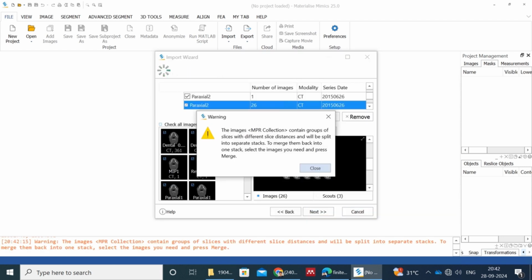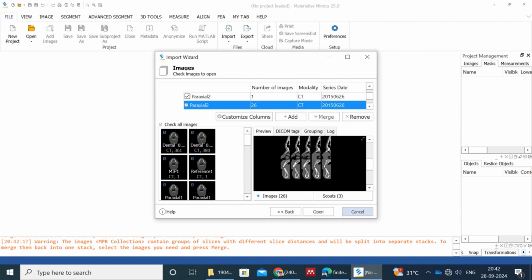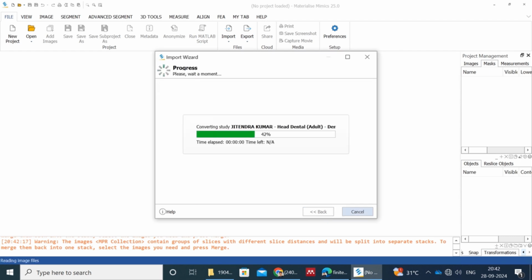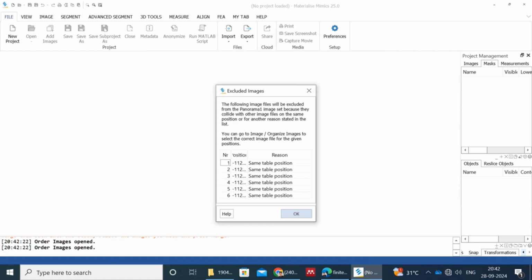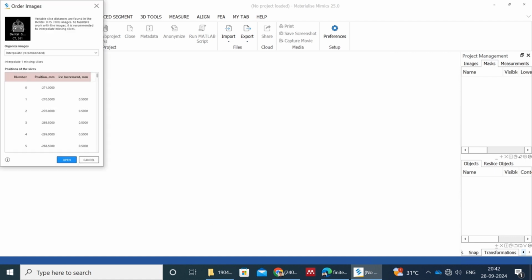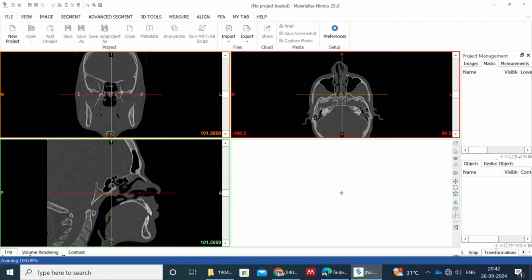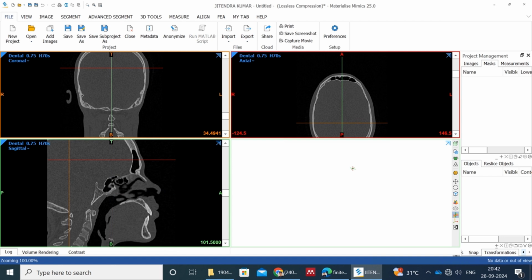Next, click on open. If there are errors in some images, those images will be rejected by the software. So you can see we have imported the CT scan data.